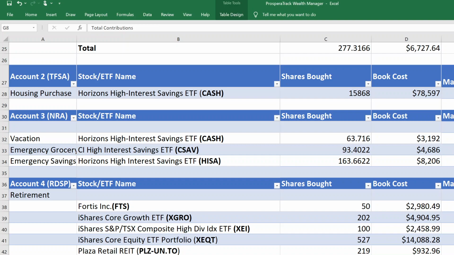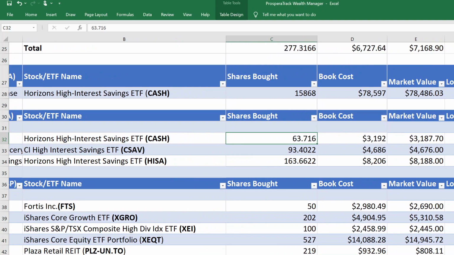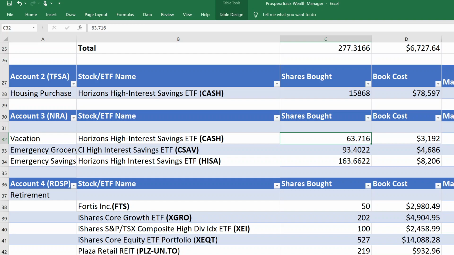Currently, the amount of shares that I own is 63.71, currently valued at 3,192. Again, market value is 3,187. Again, it's showing that I'm at a loss, and that's because the distribution hasn't been made for this month.